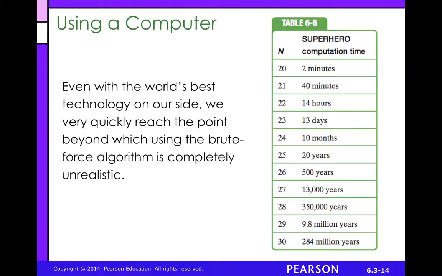And at some point, this table chops off here, but I think once you get to 40 vertices in the graph, which means like 39 delivery sites, you're going to have to wait until the universe dies of heat death before you get an answer. Okay? So even using a computer, this algorithm is just not implementable unless you have a small graph. Small being like 22 vertices or less.